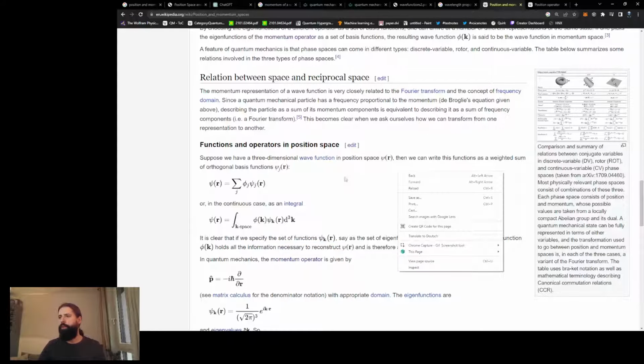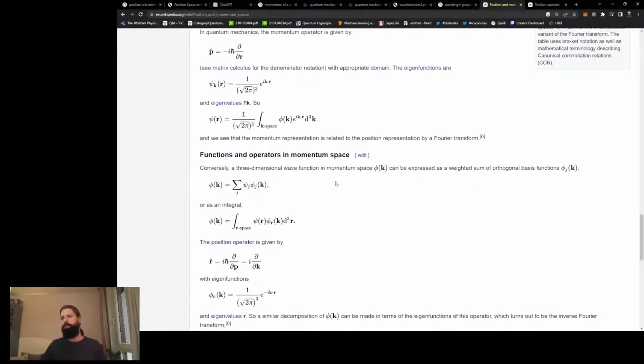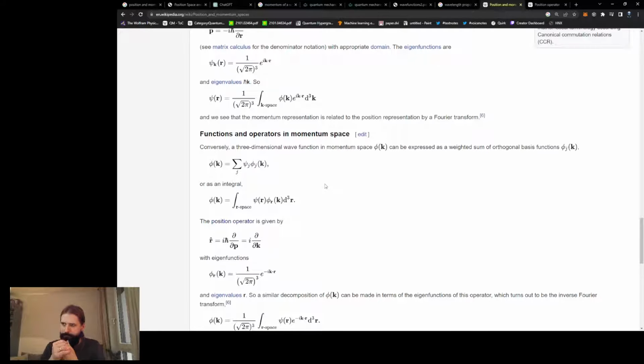I'm not crazy comfortable with the notation of these though, because yeah, these are coefficients. So this set of coefficients is the sum of individual values.